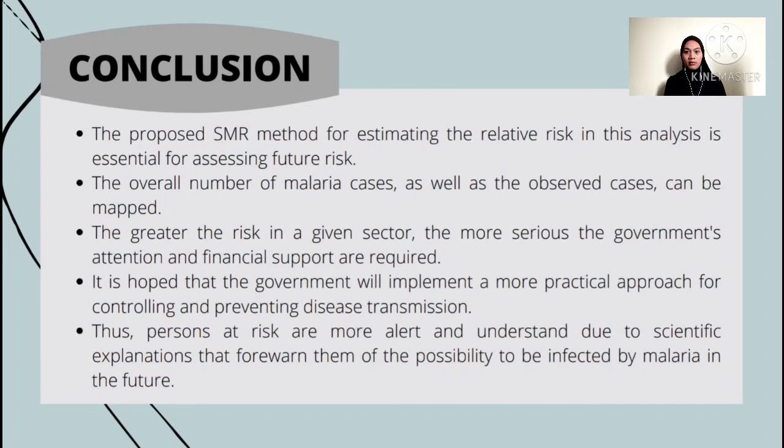It is hoped that the government will implement a more practical approach for controlling and preventing disease transmission. Thus, persons at risk are more alert and understand, due to scientific explanation that forewarns them of the possibility to be infected by malaria in the future.